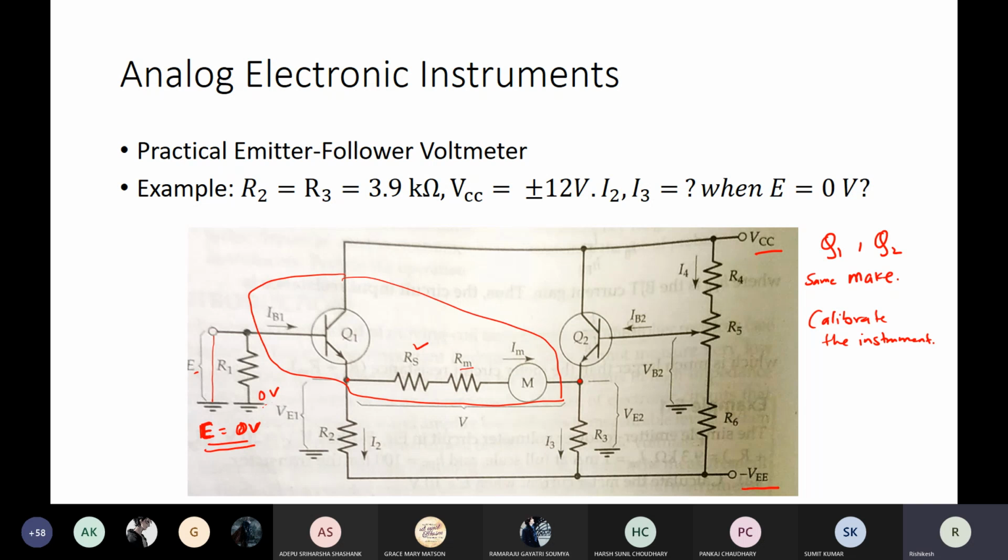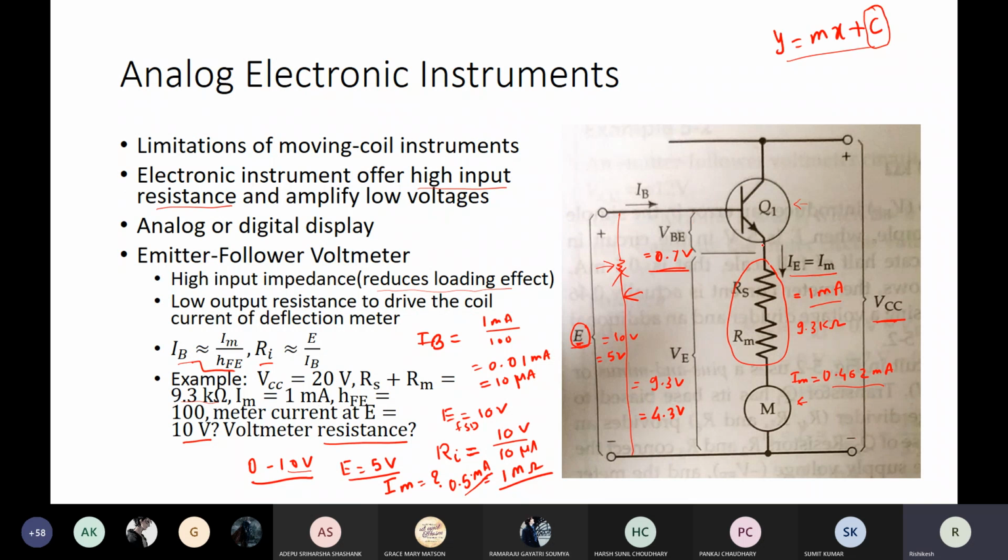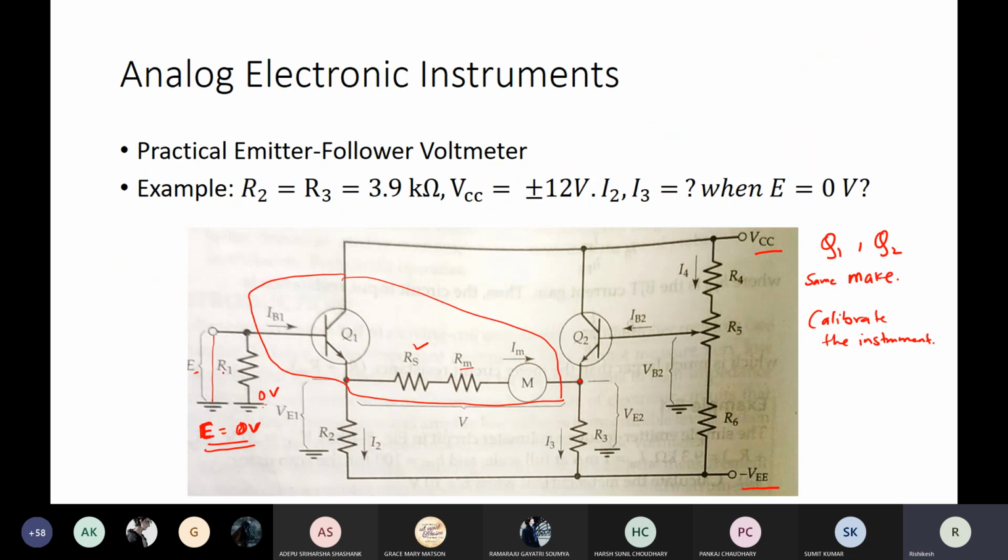We saw that when the base is positive with respect to the emitter, the base-emitter junction will be forward biased and transistor Q1 will go into conduction. When the base is at 0 volts, can it drive this base-emitter junction? No, unless the emitter has a voltage less than 0.